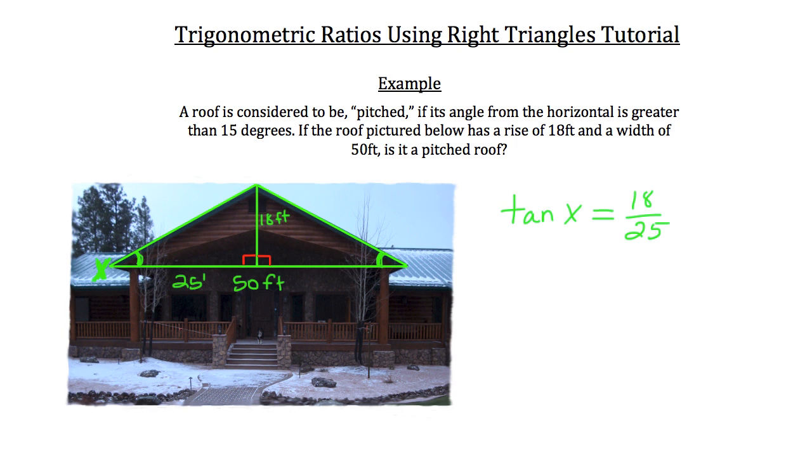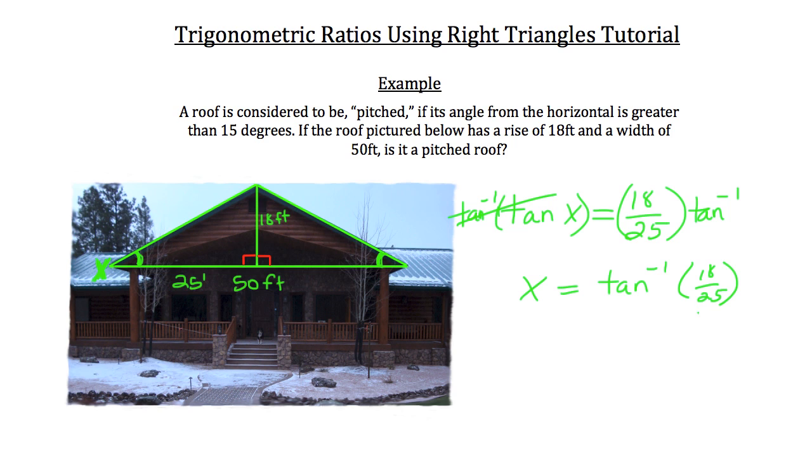So we can just apply the inverse tangent, tangent -1 here, to both sides of the equation. When you do that, you have just X remaining on the left. On the right, you have the inverse tangent of 18 over 25.